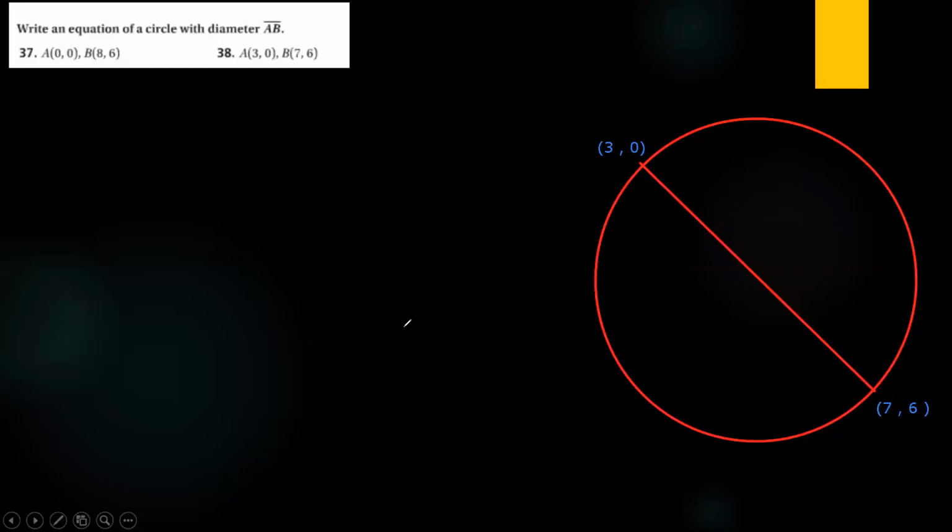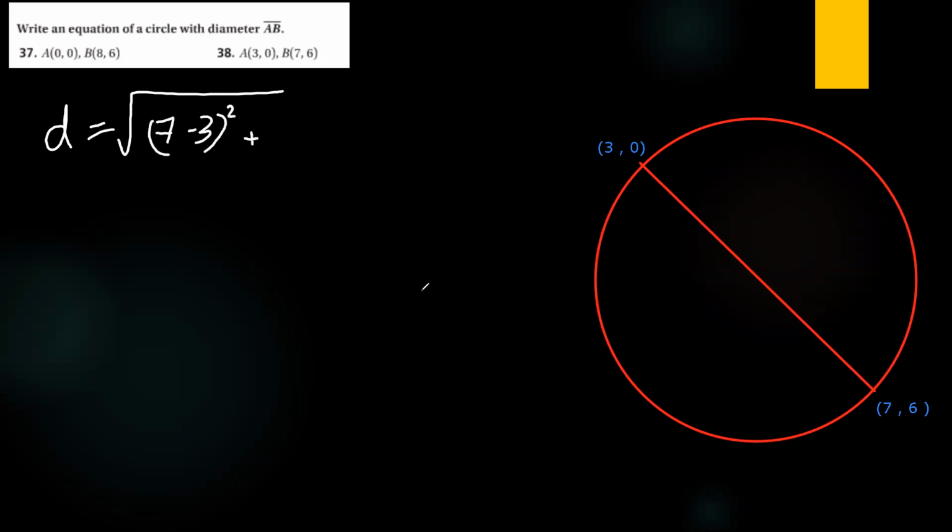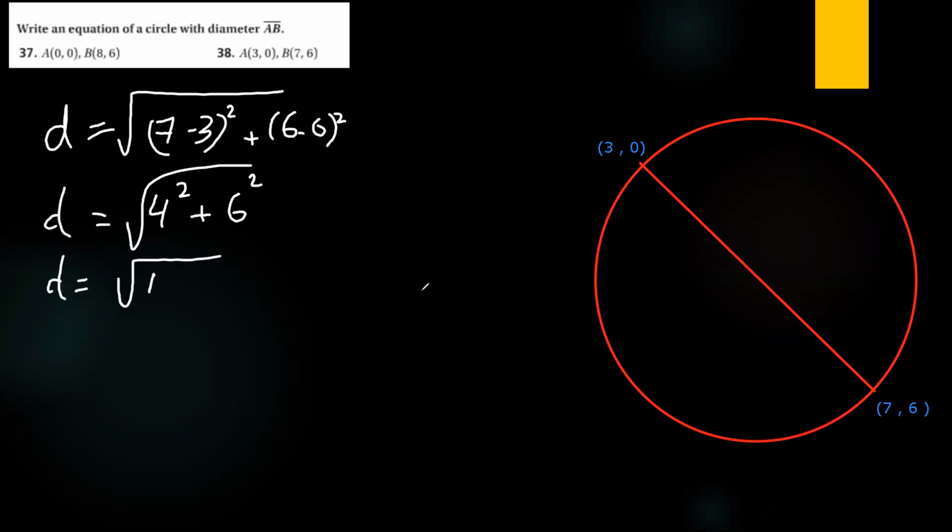Okay. Here, you have A and B. So what did you need to do now? To find the diameter. To find the diameter, you have to say it's the square root of 7 minus 3 squared plus 6 minus 0 squared. So 4 squared plus 6 squared is D. So the diameter here, 16 plus 36, which is 52.